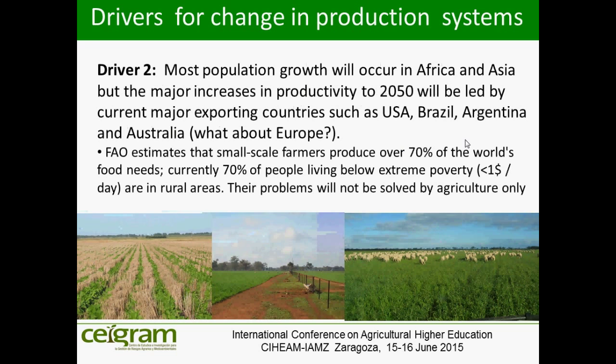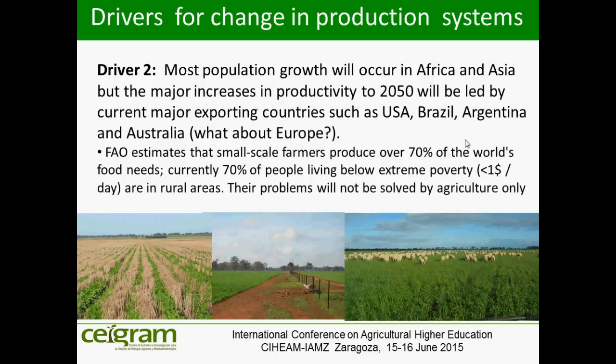Of course, we are aware that population increases will occur in Africa and Asia, but the major increases in productivity, be it crops or be it animals, will come from major exporting countries, USA, Brazil, Argentina, Australia. I don't know what Europe is going to say, what to do. Europe, with all these requirements, is de-intensifying some areas, so exporting the need or exporting the environmental inputs elsewhere.